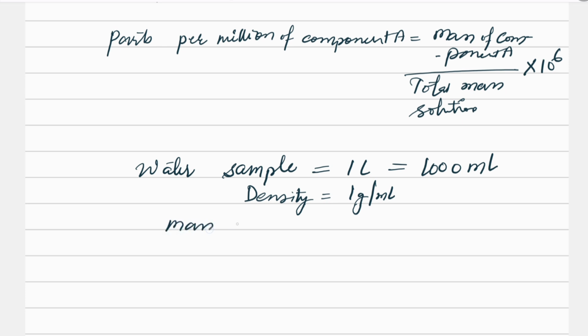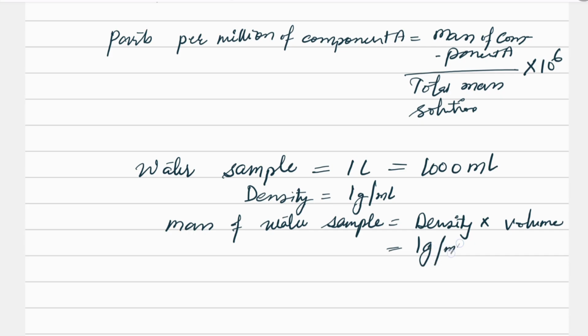So the mass of the water sample is going to be density into volume. Density is 1 gram per milliliter multiplied by 1000 milliliter. Milliliter cancels out and it becomes 1000 gram.